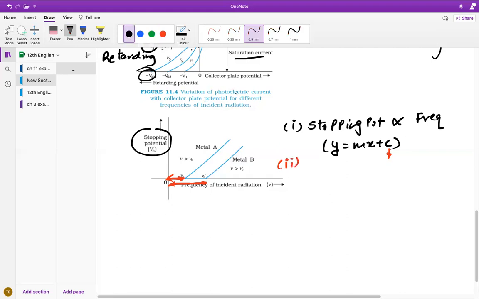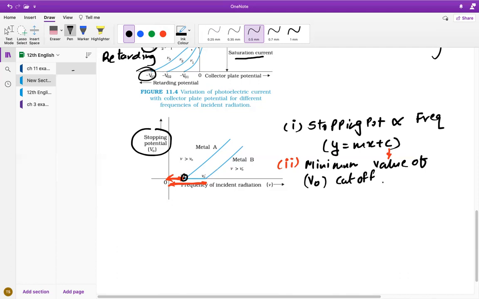In the second graph we can see that at the minimum value of v0, what does minimum value of v0 mean? Minimum value of v0 means where it initially starts; it is called the cutoff voltage.